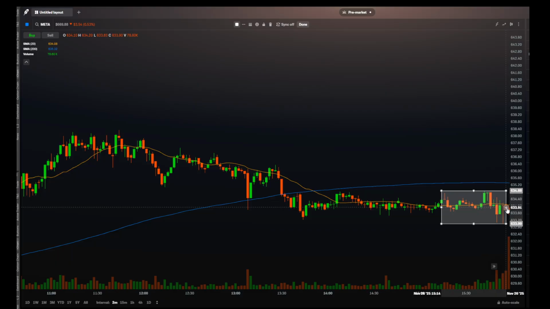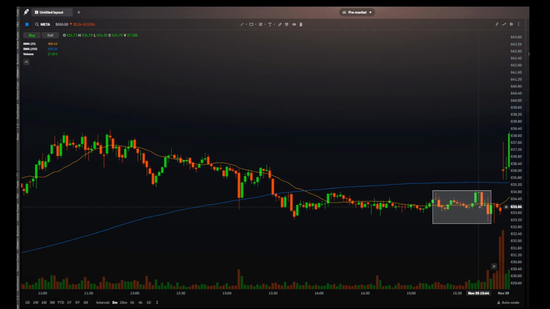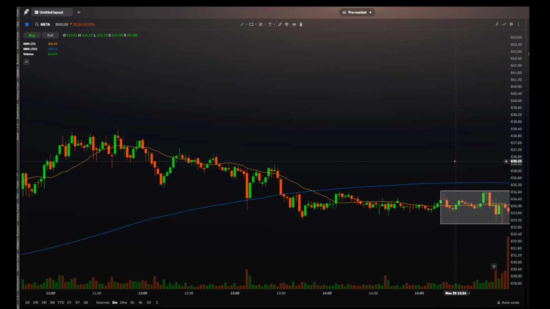But we have to have our 200 SMA inside of this box, because this is the Fab4. We're getting everything inside: the 200 SMA, the 20 SMA, the highest point of price, and the lowest point of price within the last 45 minutes. So this is what my chart would look like prior to the market open.